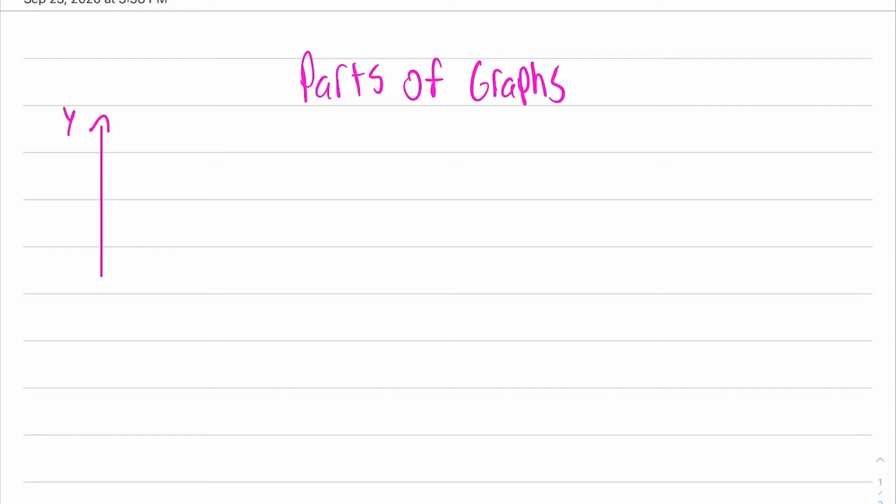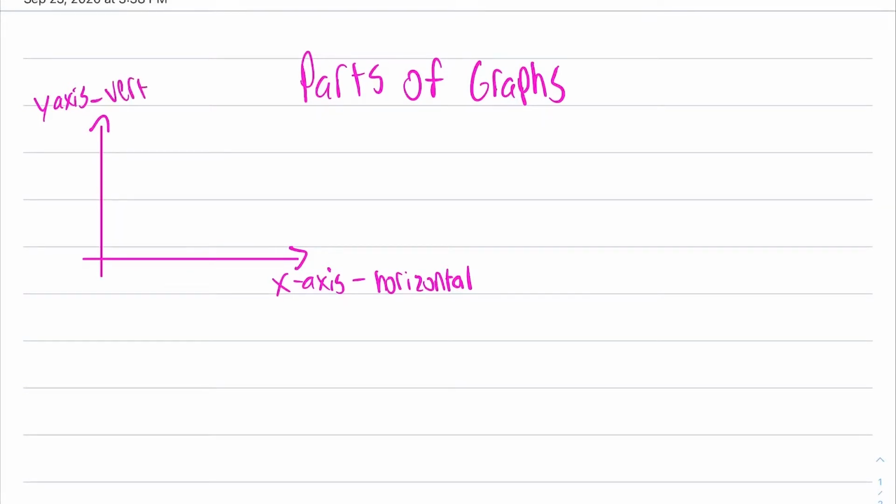We have the y-axis, the x-axis. The x-axis is horizontal, the y-axis is vertical. We can make a scale with any number that makes sense for whatever our data is.